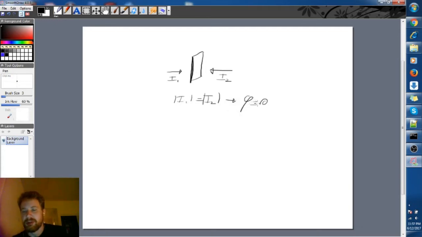Sorry, excuse my wording. The angular flux is going to be twice the intensity of either beam 1 or beam 2, because what the angular flux measures is the total number of neutrons passing through this plane.